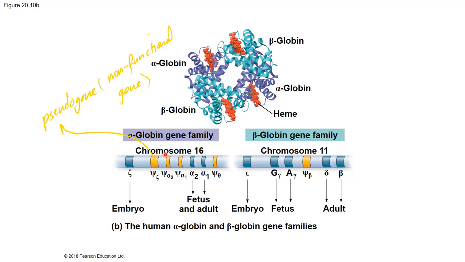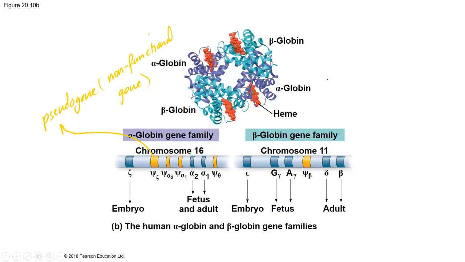We have 7 genes in different chromosomal locations. This is one family. So the nucleotide sequences of all of these genes, each one is considered a gene, are not identical, they are very similar.